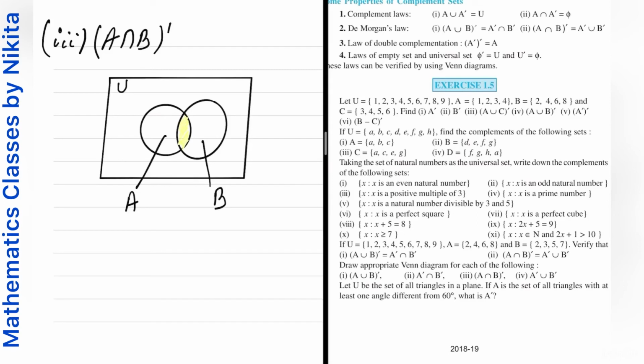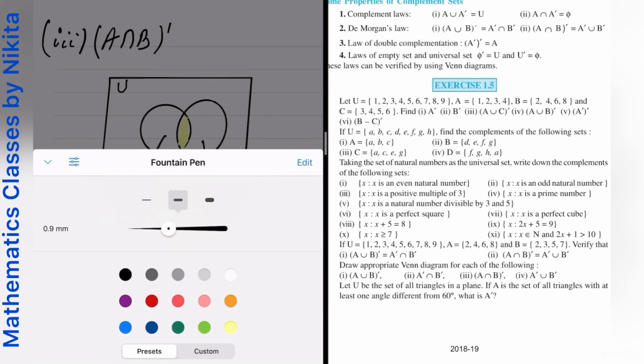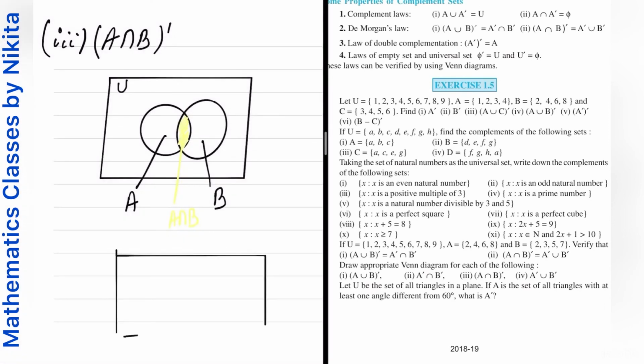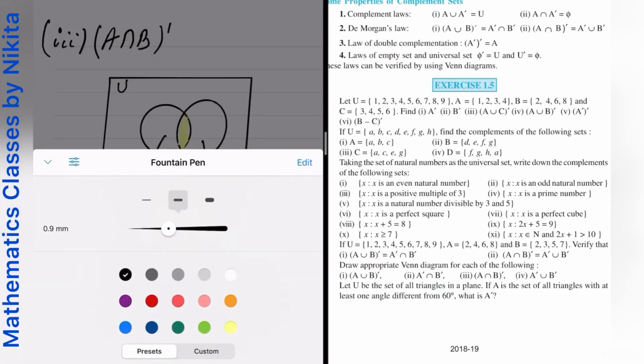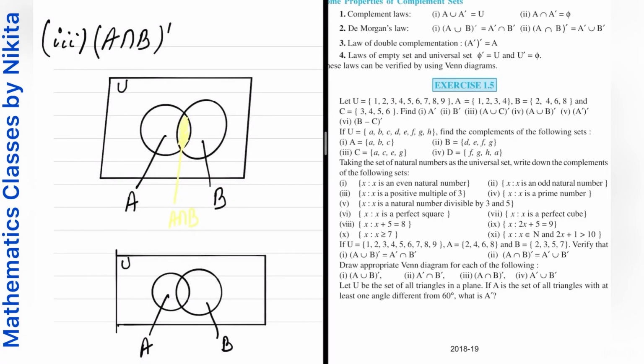Now I want to take its complement. So I will take all other elements. So this is just A intersection B. So therefore its complement would be, this is U, this is A, this is B, and you have to just now take the complement of, so just leave the intersection part and take all other elements.